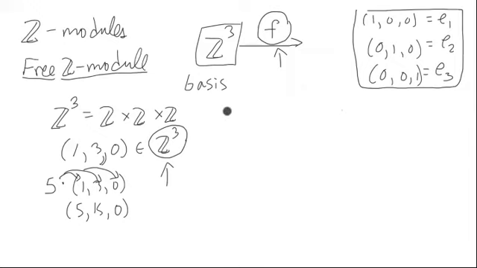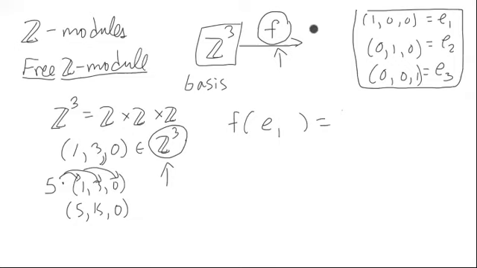So let's see here. Suppose we look at f of e1, for short. And we need to have a codomain of where it's going to land.